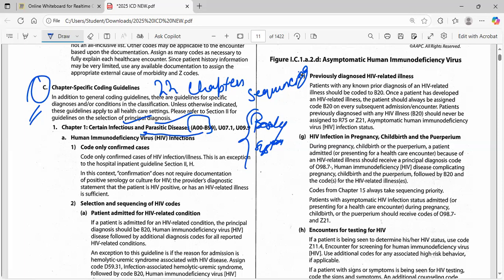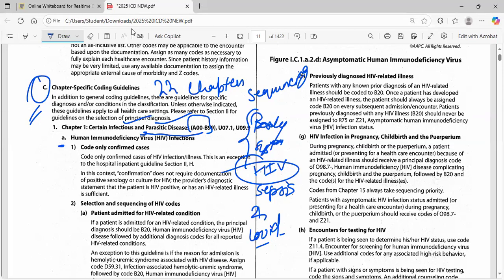In this chapter, we have the sequencing instructions for 3 conditions: HIV, sepsis, and COVID. So first, we will start with HIV, followed by sepsis, and then COVID.